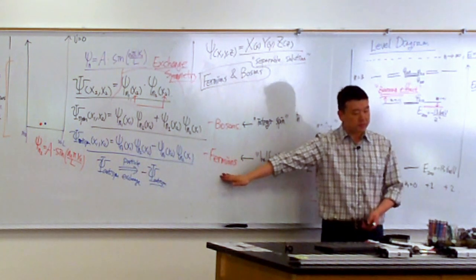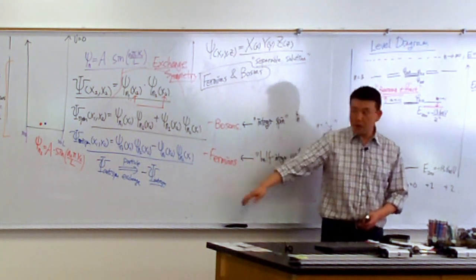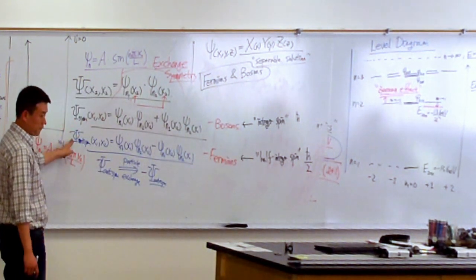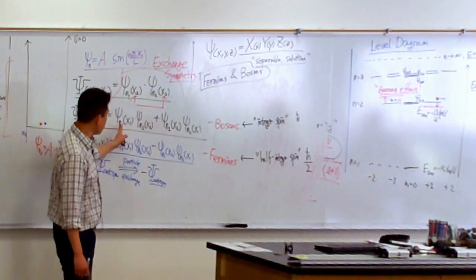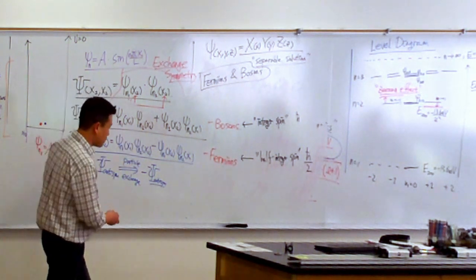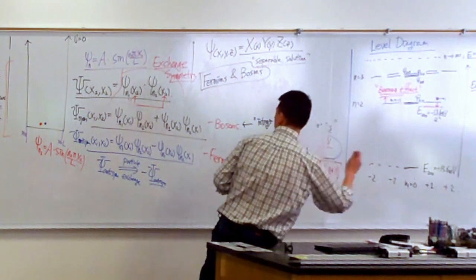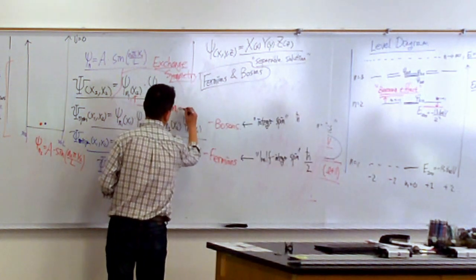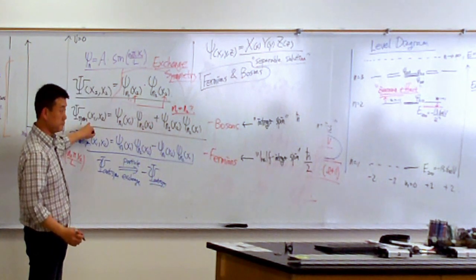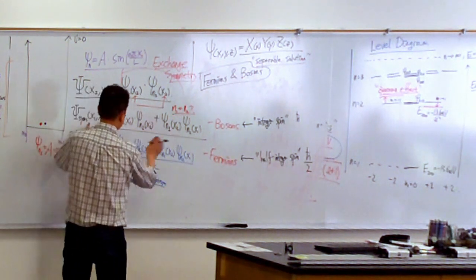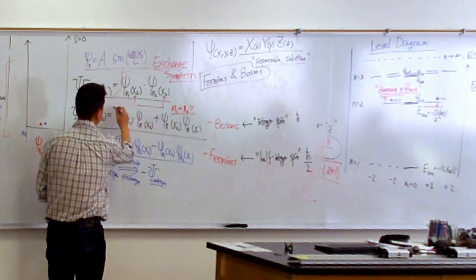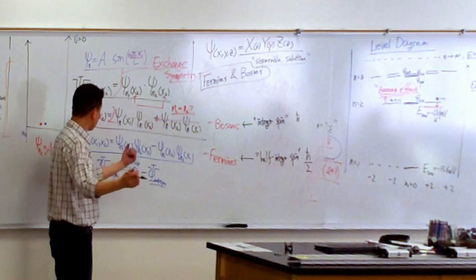And finally, here's why this matters. Look at the symmetric versus antisymmetric wave function, and imagine these are your quantum numbers, n1 and n2. When you look at the symmetric wave function, is it okay to have n1 equal to n2? Yes, that's fine.